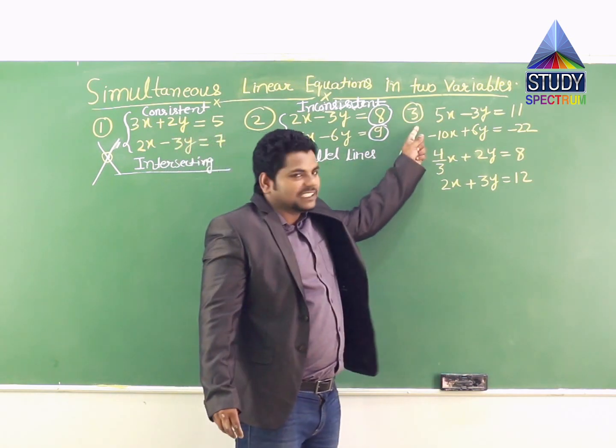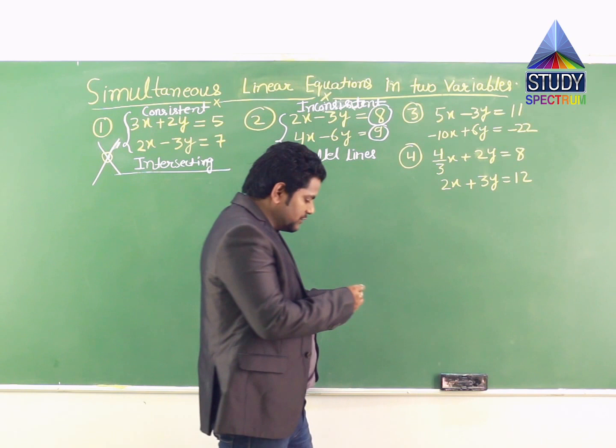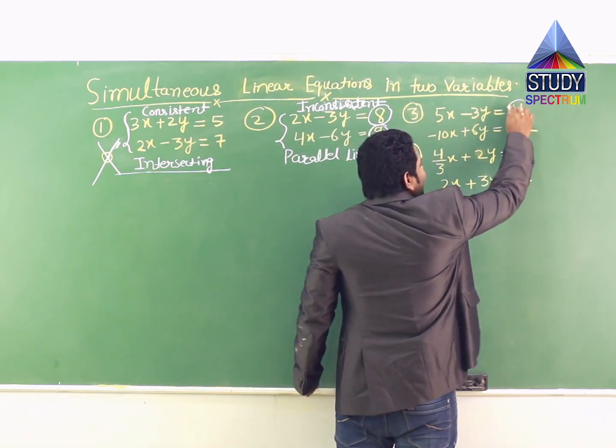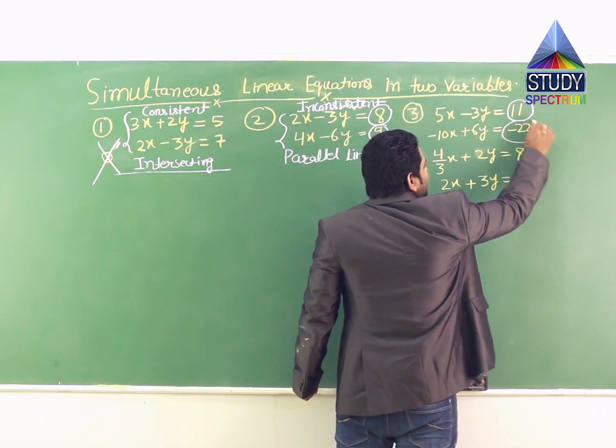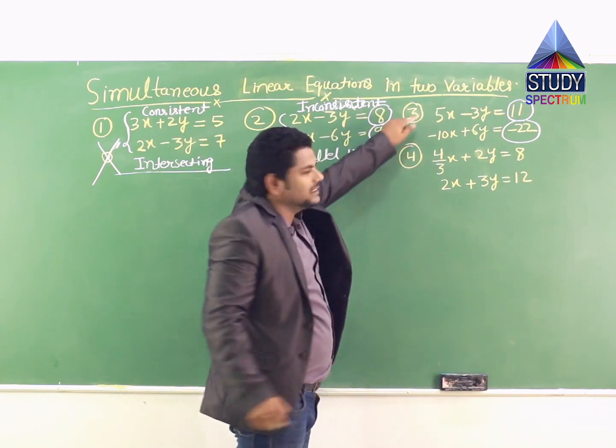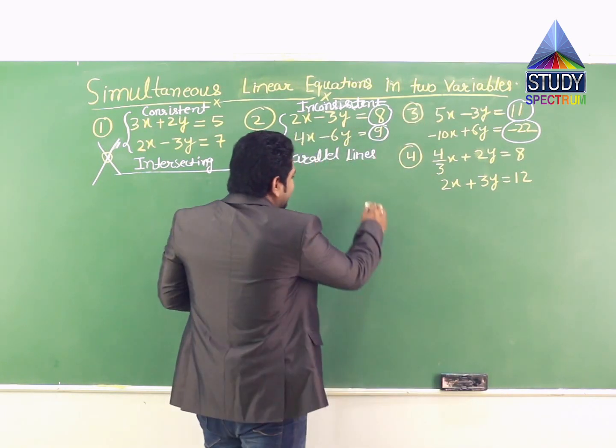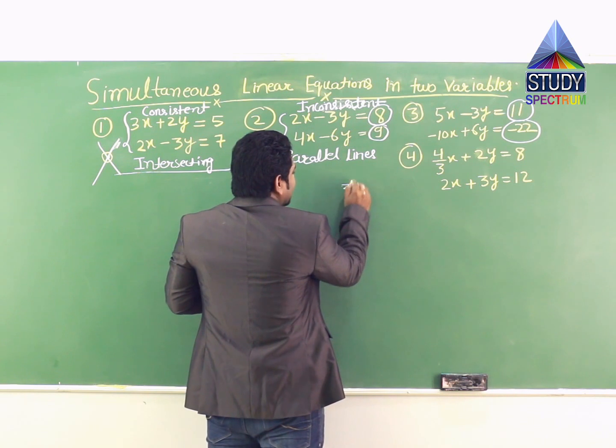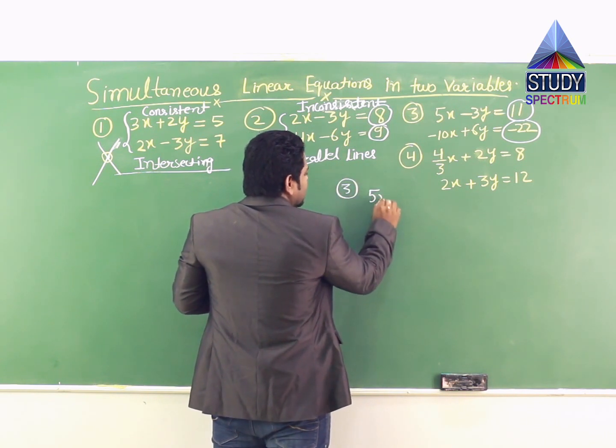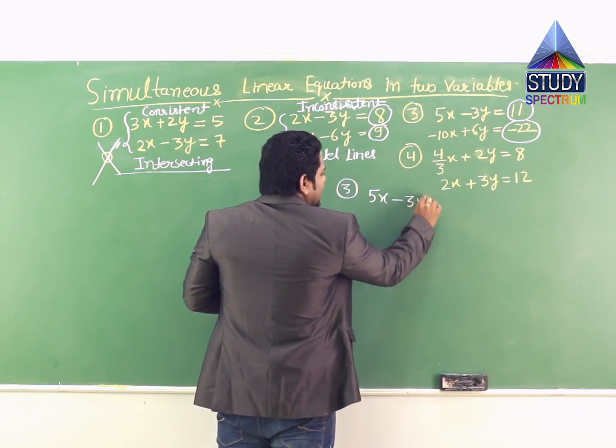Now come to question number 3. In this question we have to make the right hand side 0. So this equation can be rewritten as 5x minus 3y.